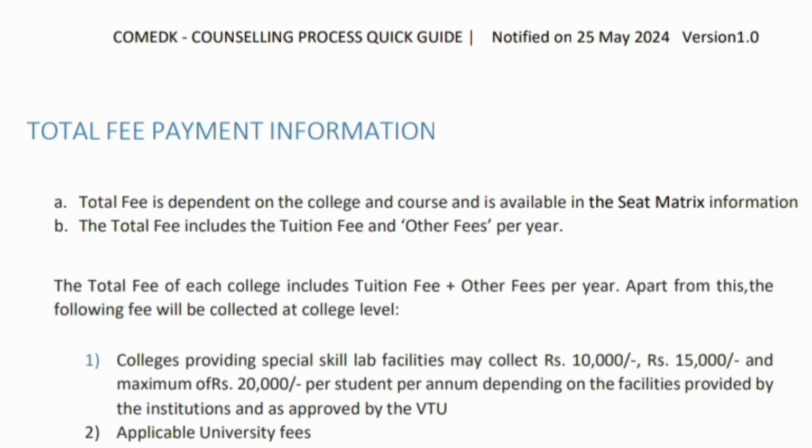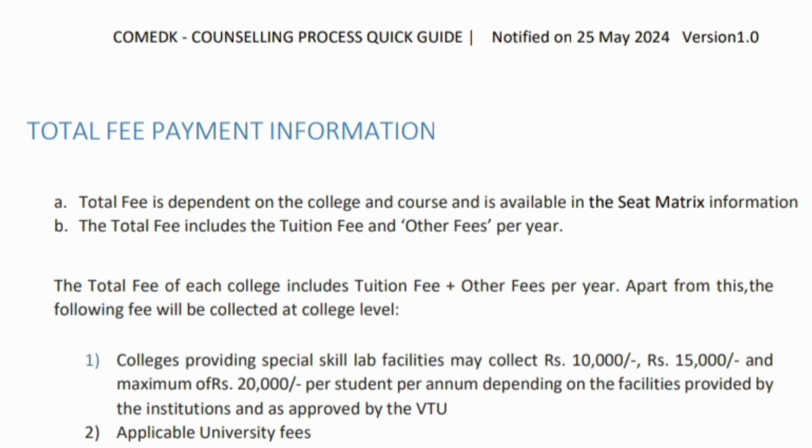Now if you first talk about the college fee, which is the other fees, what are the components included? Colleges are providing skill lab facilities, and depending on the nature of the college, there are 3 slabs. If you are studying in the top colleges, they will charge the maximum amount, 20,000 rupees per year.